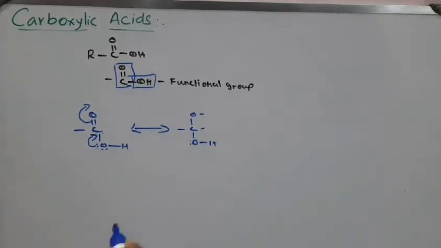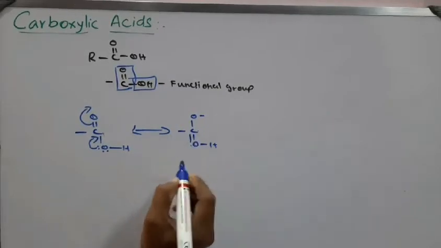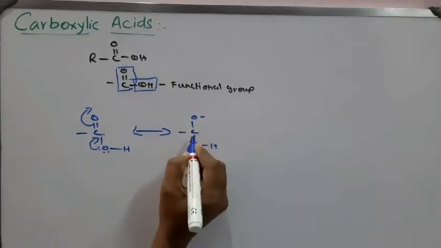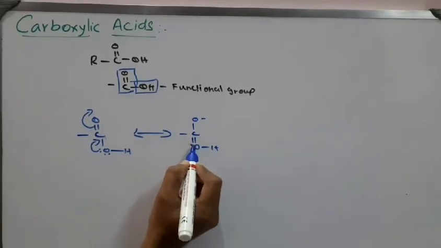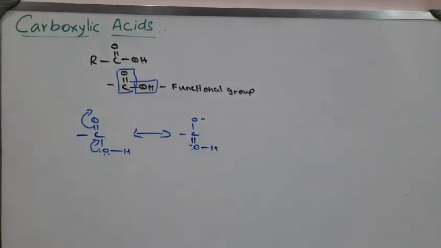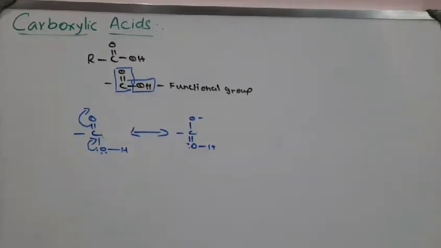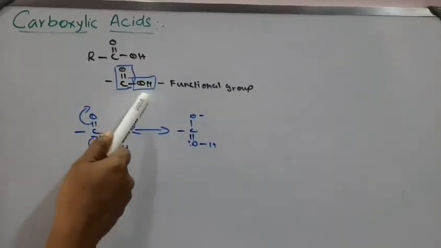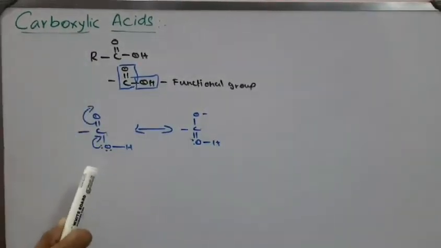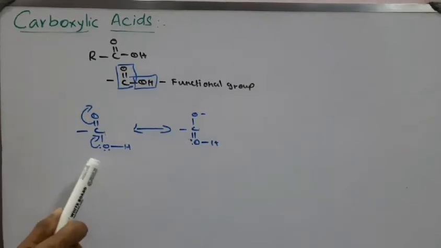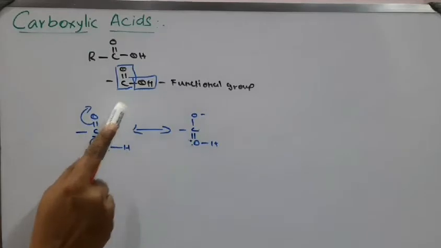Here the shifting takes place, since it contains a double bond. Earlier it contains the acid group, hydroxyl group as well as the carbonyl group, but its characteristics are very unique because of the presence of the carboxylate ion.